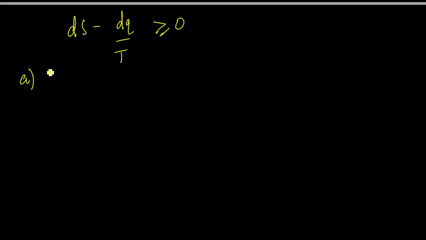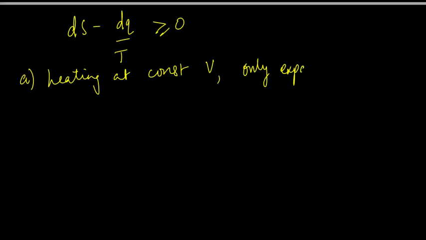Let's consider one example. The first one, heating at constant volume. And for the moment, let's consider only expansion work. Now, the heat exchanged is dq at constant volume.